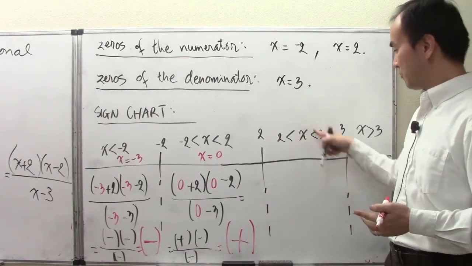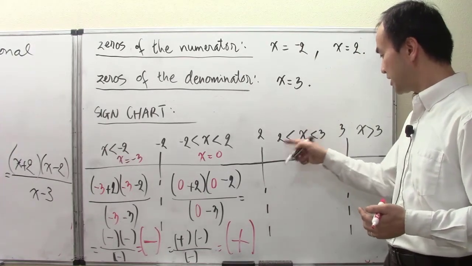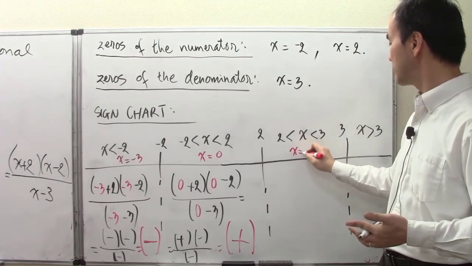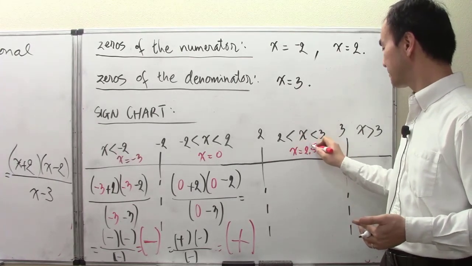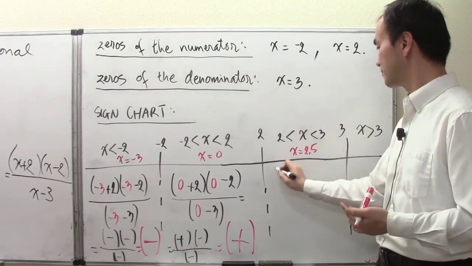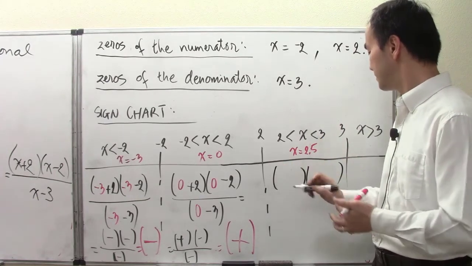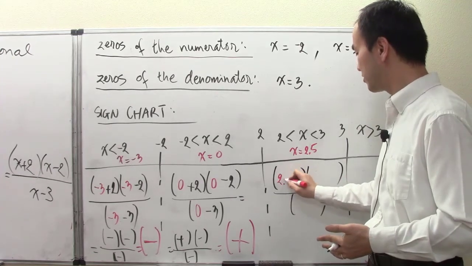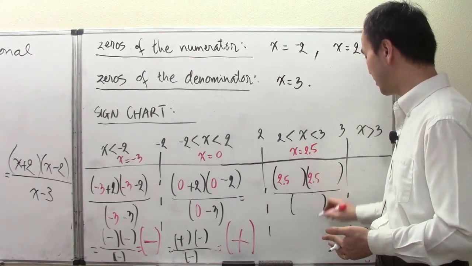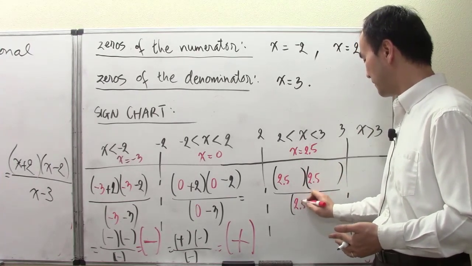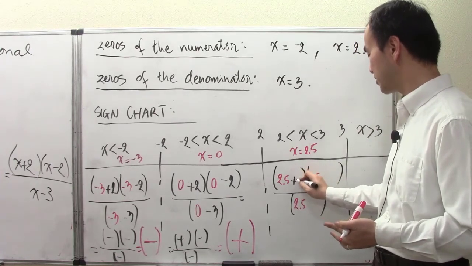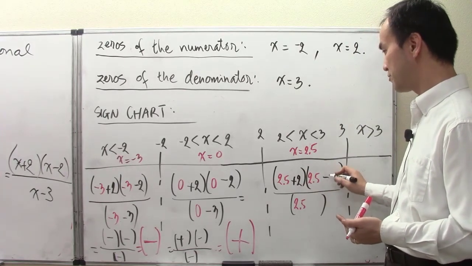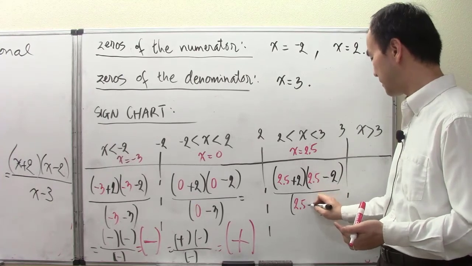All right, so now with this one right here, x between 2 and 3. So now I'm going to pick, how about x equals 2.5? Okay, and so 2.5 is going to be substituted into my x value in the rational function. So now 2.5 plus 2, 2.5 minus 2, and 2.5 minus 3.